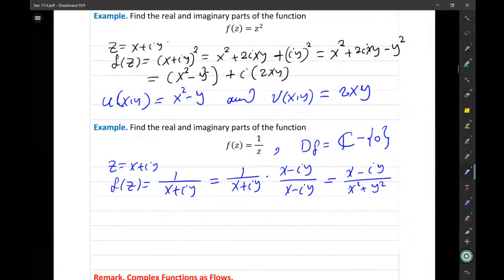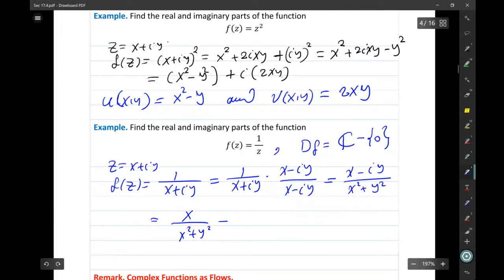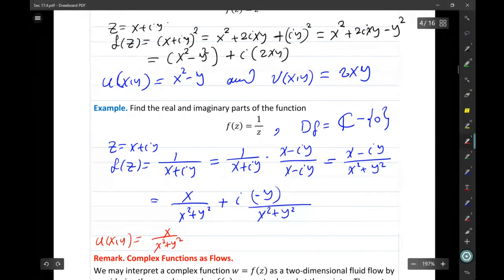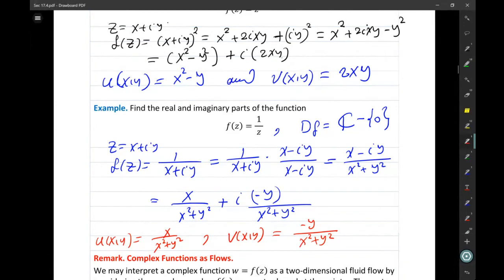طيب الآن this becomes x divided by x square plus y square minus I في y divided by x square plus y square. إذا عندنا هون الريال part عبارة عن x divided by x square plus y square والimaginary part اللي هو minus y على x square plus y square.